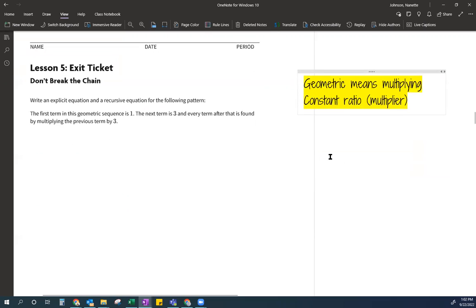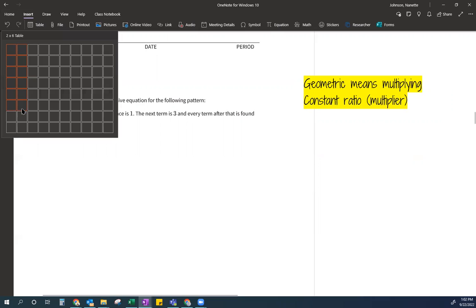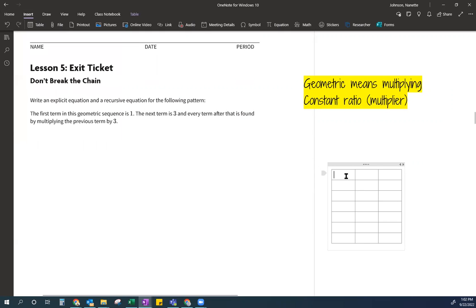Because I'm going to be multiplying, I'm going to draw that table that I really like drawing. Here, I'm just going to say this is the term, this is the n, this is your f of n, and then this is just going to be how I got that.